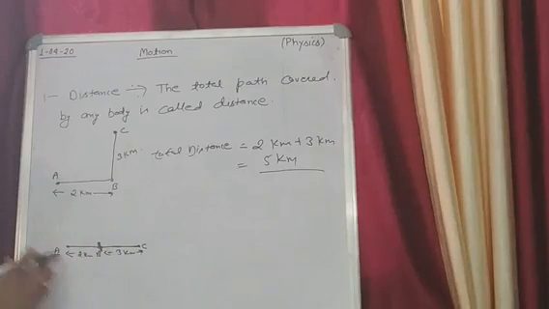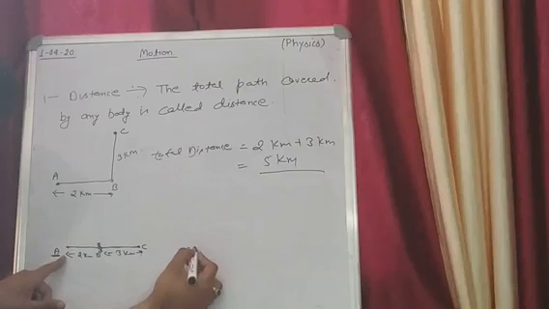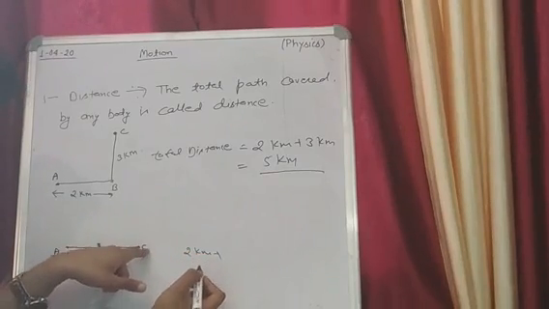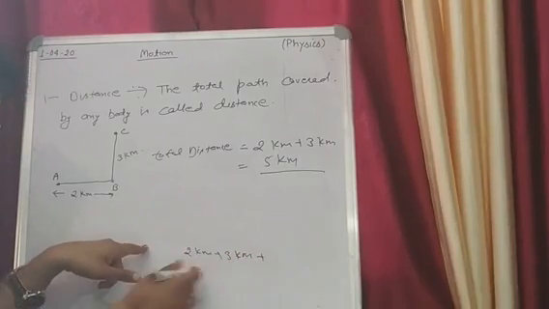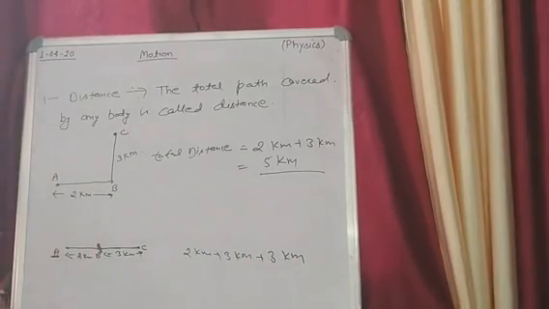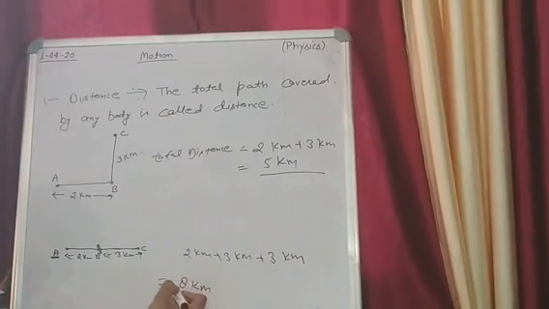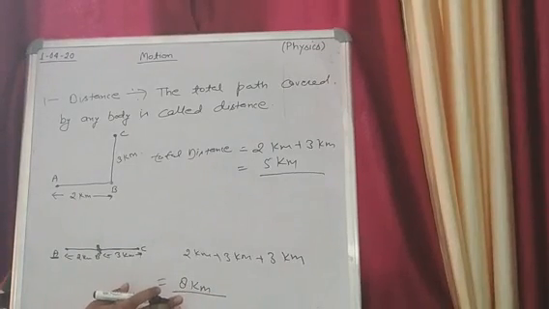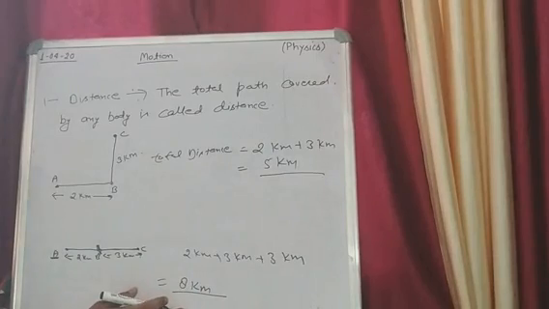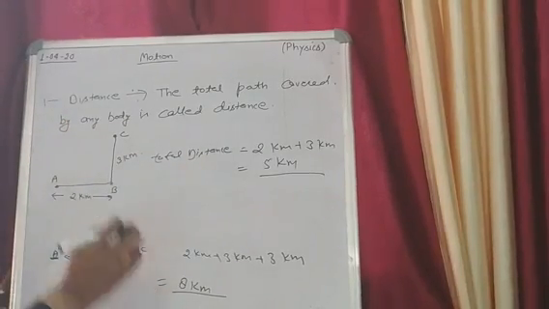Then what is the total distance covered by you? Give me the answer. You move from this point to this point, that is 2 kilometer. Then you move from this point to this point, that is 3 kilometer. Then you move from this point to this point again, that is also 3 kilometer. Then the total distance covered by you: 3, 3, 6, 6 plus 2, 8 kilometers. So the answer of this is 8 kilometer. Okay. Do you understand distance? Distance is the total path covered by you, or the total path covered by anybody, that is called distance. Okay. Very good.